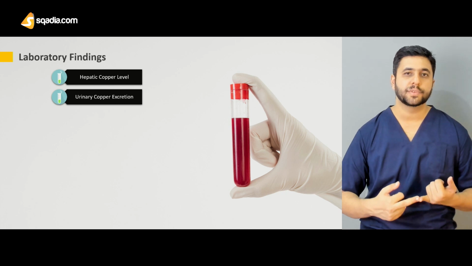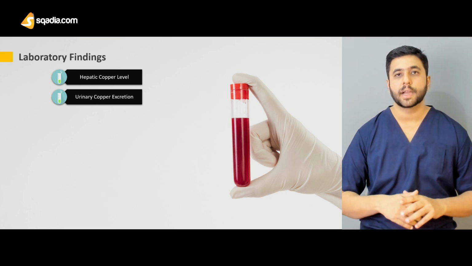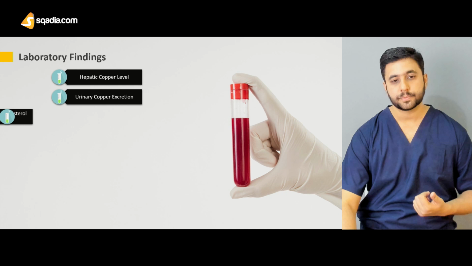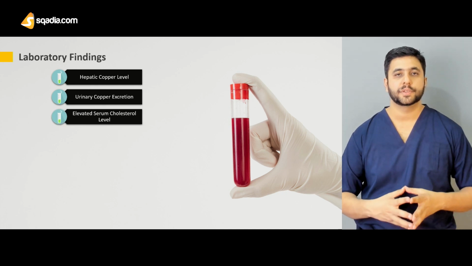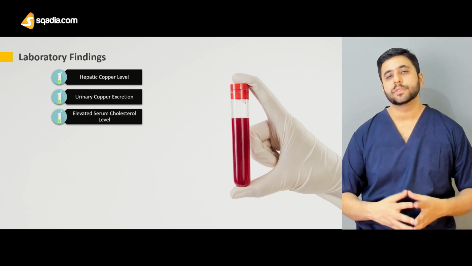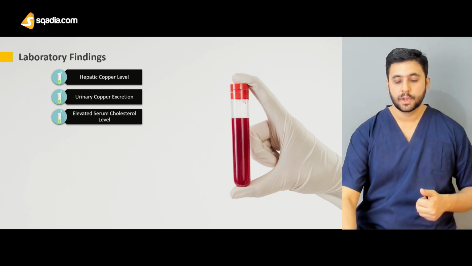The major important tests for Wilson's disease are serum ceruloplasmin, the hepatic copper levels, and the urinary copper excretion, but the definitive diagnosis is made by the liver biopsy. There can be an elevation of the serum cholesterol secondary to the obstruction of its flow. So this can also be a risk factor for coronary artery disease in a long-standing population.